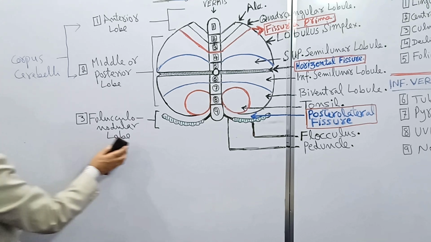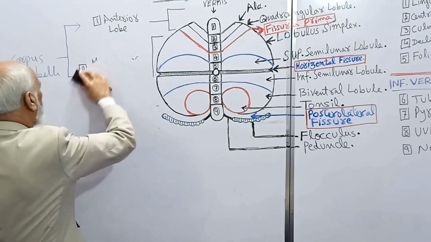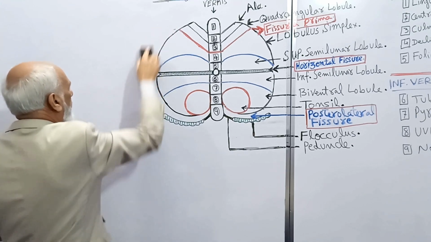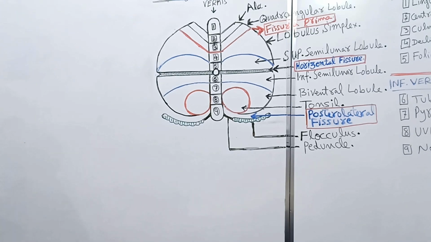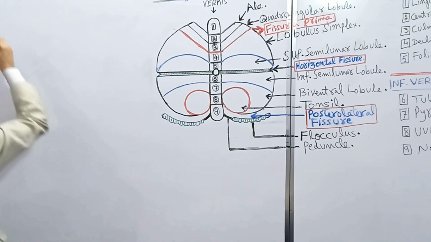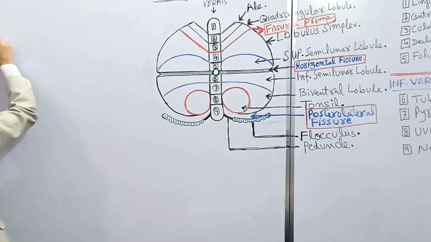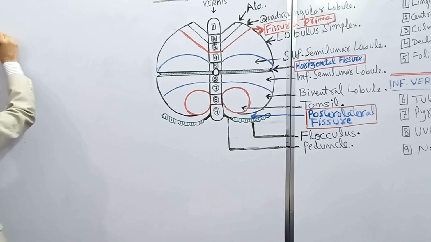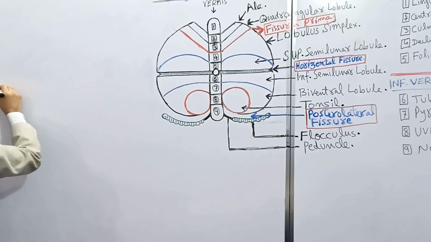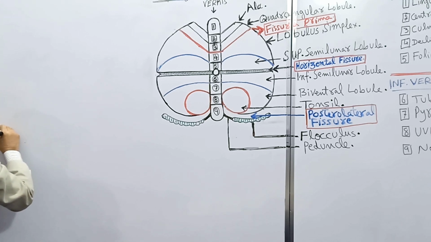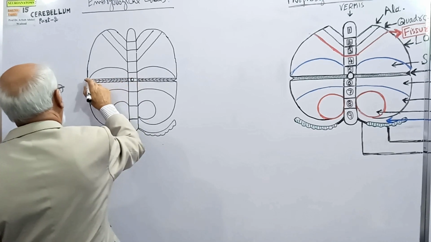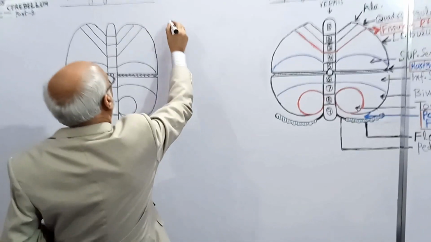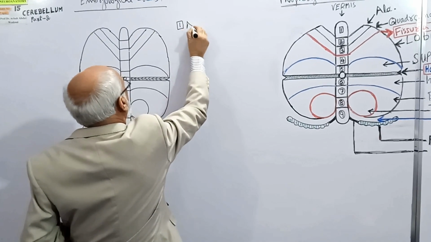Next, we can also divide the cerebellum into embryological lobes based on development. Number one is archicerebellum.